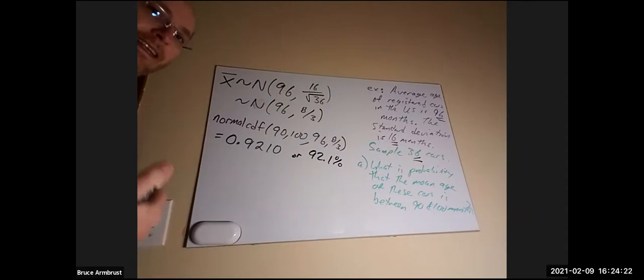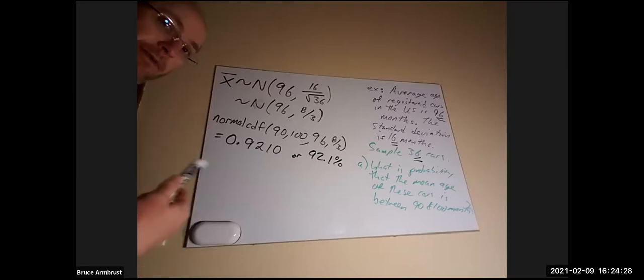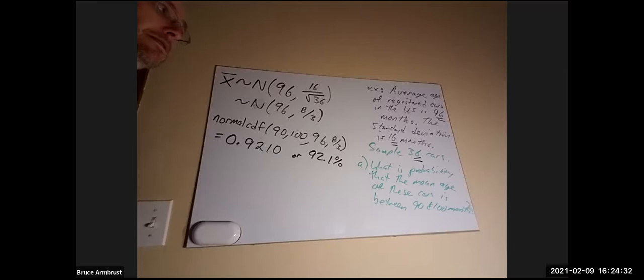So there's over a 92% chance that if you were to go out and sample 36 cars, their average age would be somewhere between 90 and 100 months. So it's very likely that this would be the case.